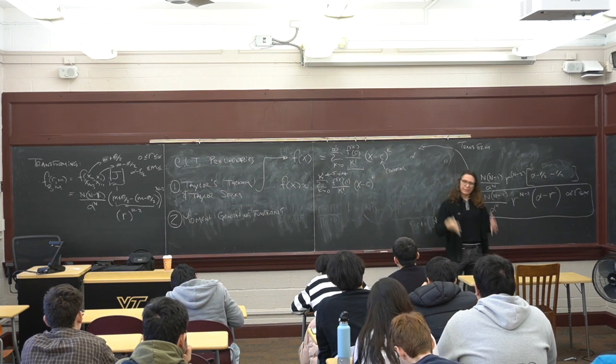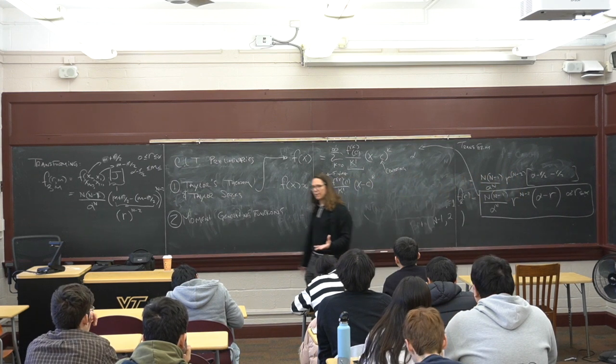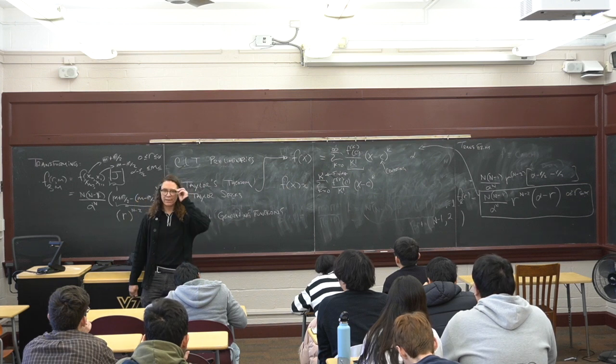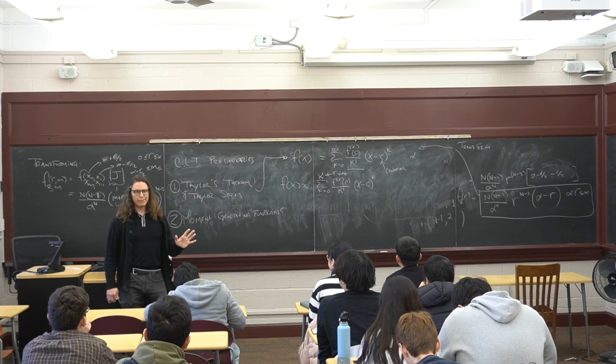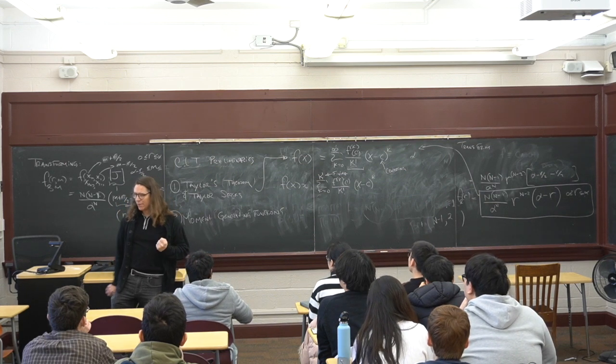So usually we truncate this thing, and that's our finite approximation to this function. But this isn't all Taylor said. He said something a little bit more than this. Taylor's theorem is a statement about the remainder.